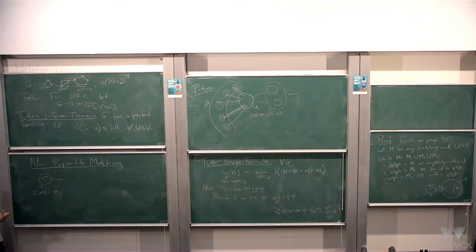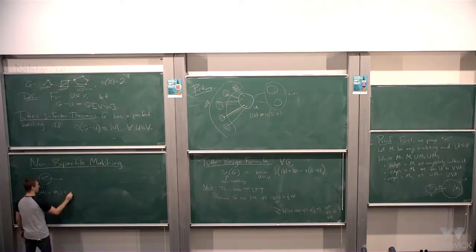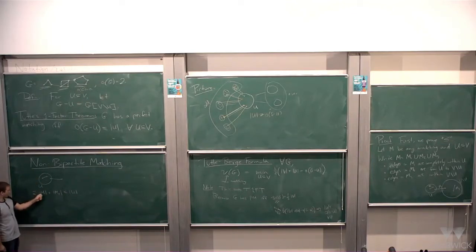Remember, no 2 matching edges share an endpoint. So if I do this count, this is going to be at most the size of U, because every edge in M1 counts 2 vertices of U, every edge of M2 counts 1 vertex of U, and no vertex gets counted twice. Some vertices may not get counted at all, but I certainly have this inequality.